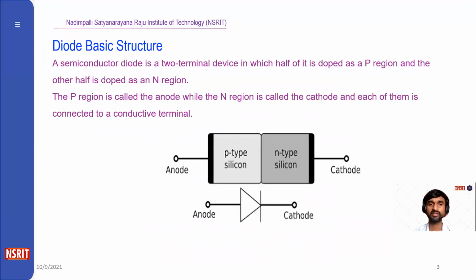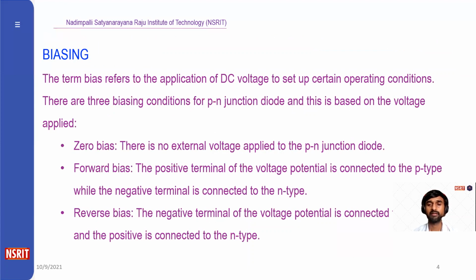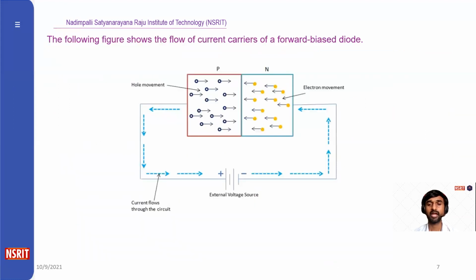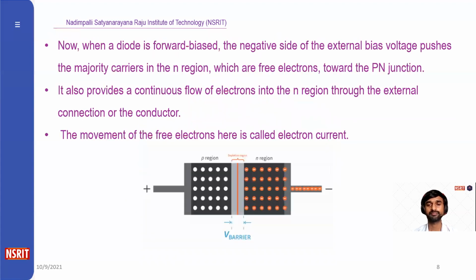So in this session, we have seen the basic structure of a PN junction diode. Then we have seen what is biasing and what are the different types of biasing. Then we have seen the forward biased operation of PN junction diode and the movement of charge carriers when the PN junction diode is forward biased, and the directions of different currents.